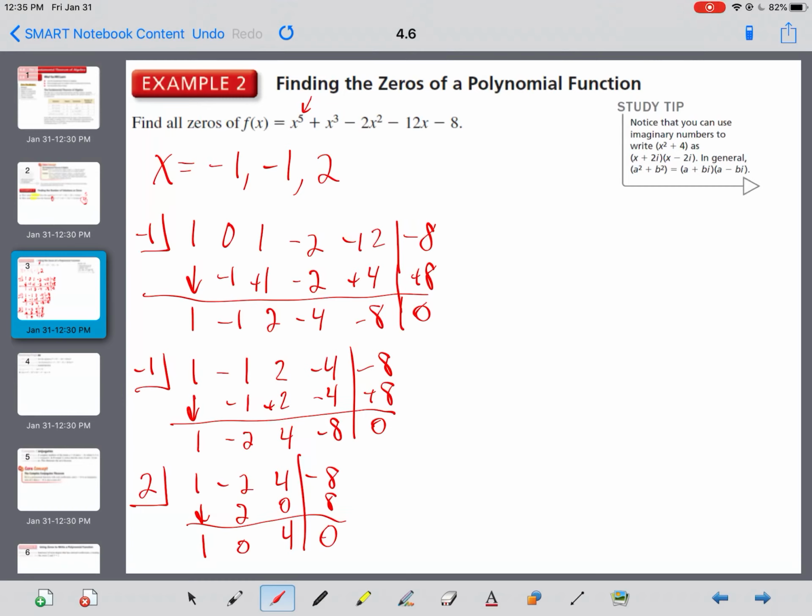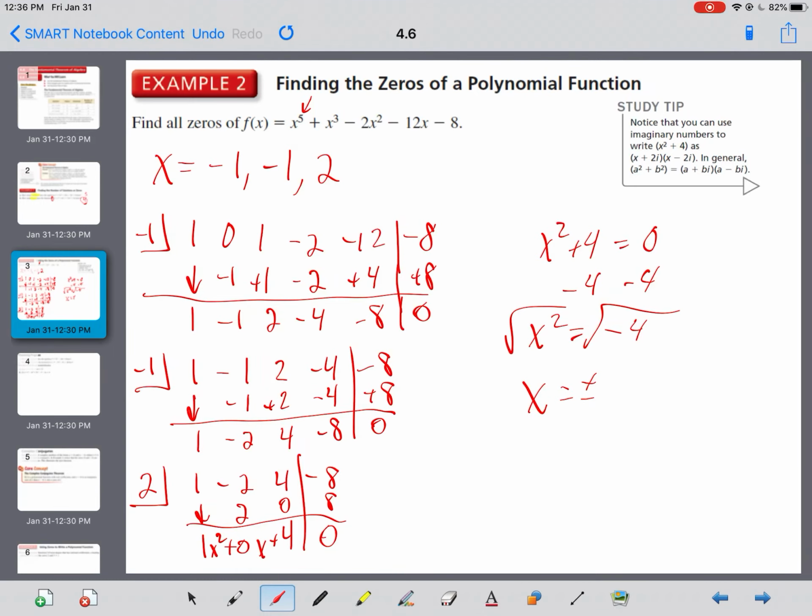Now that's my constant plus 0x plus an x squared. So I have x squared plus 4 is my last factor. Set it equal to 0. Subtract 4. X squared equals -4. Square root both sides. Always get a plus or minus with square root.